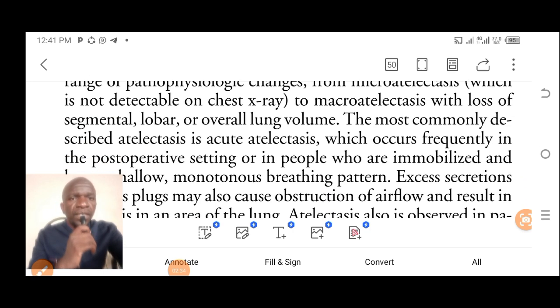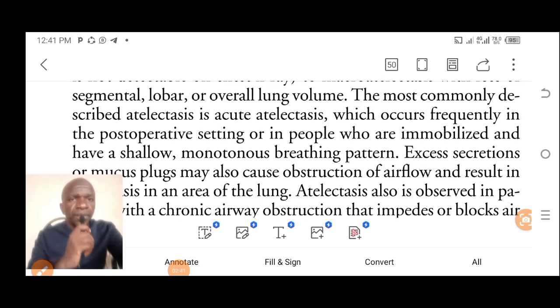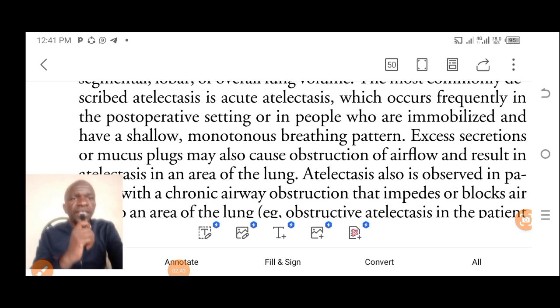The most commonly described atelectasis is acute atelectasis, which occurs frequently in the post-operative setting or in people who are immobilized and have a shallow monotonous breathing pattern. We find that lung collapse occurs in people who have been confined to prolonged bed rest. They are prone to lung collapse because there isn't much exercise.